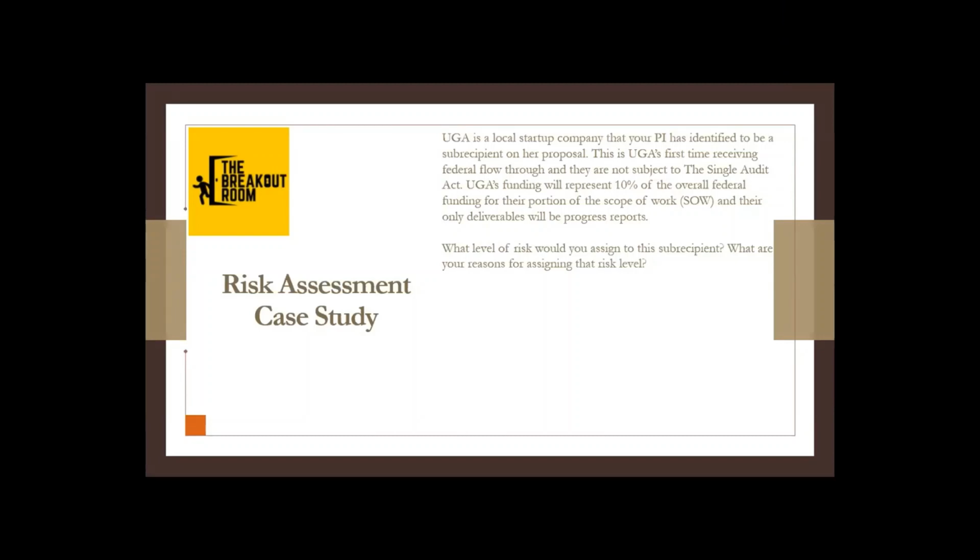Okay, and we have a comment from Laura. In follow-up to the for-profit companies without negotiated rates, we have found that the de minimis 10% does not apply to for-profit entities and only applies to nonprofit.